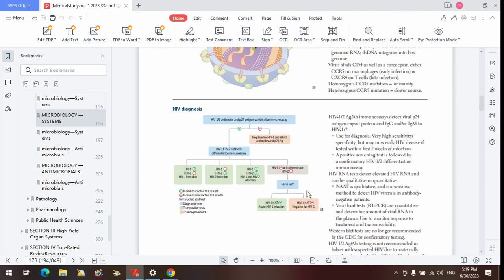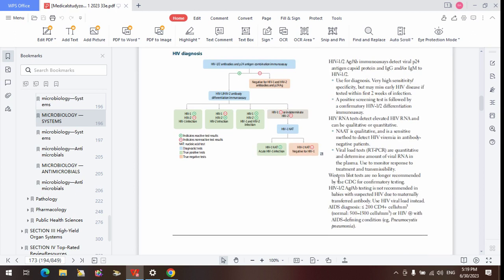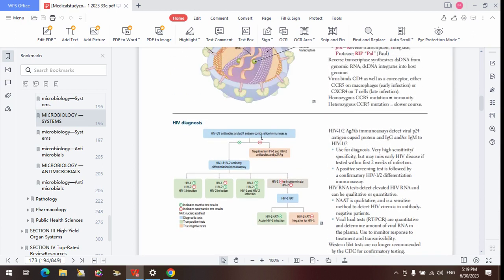So let's go to HIV diagnosis. HIV diagnosis is very straightforward. The primary test that you want to do is a combination immunoassay. This immunoassay is ELISA.